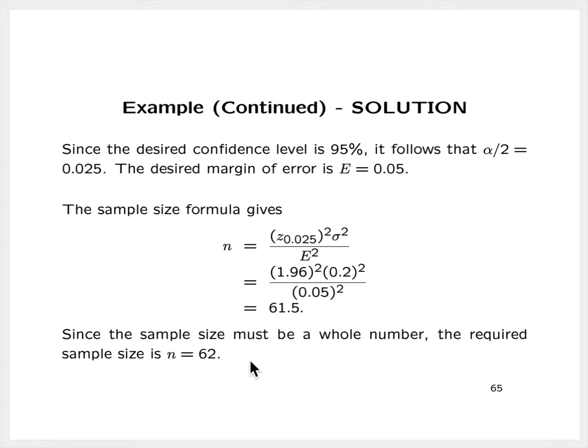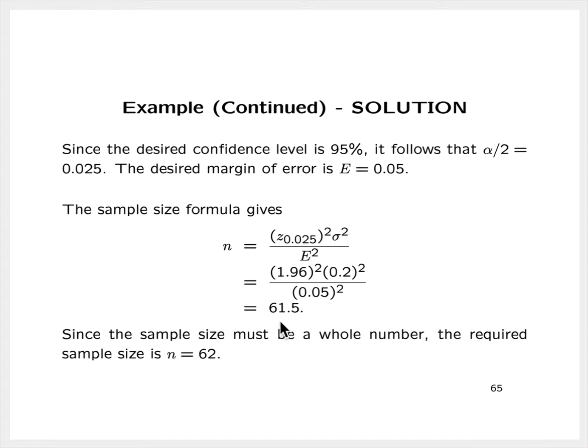Now, the sample size must be a whole number. If we were to use 61, a requirement that the margin of error be no more than 0.05 would probably not quite be met. And so in order to make sure that that criterion is met, we're always going to take the next larger integer.